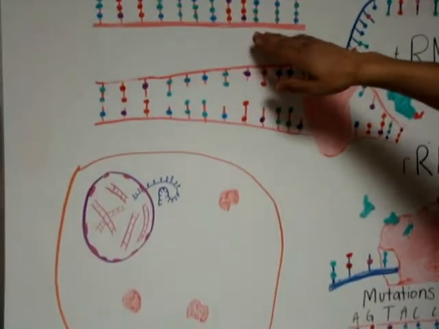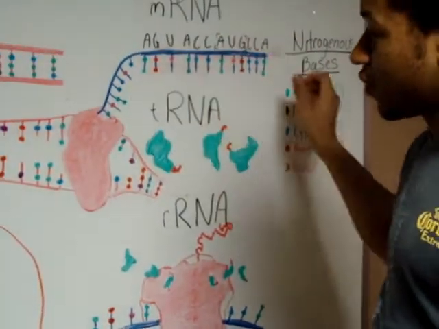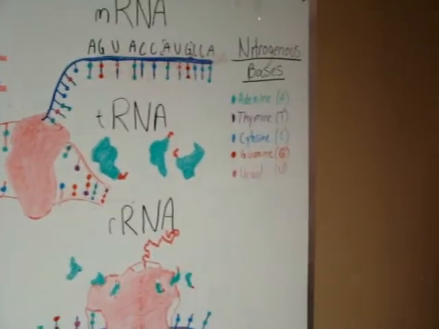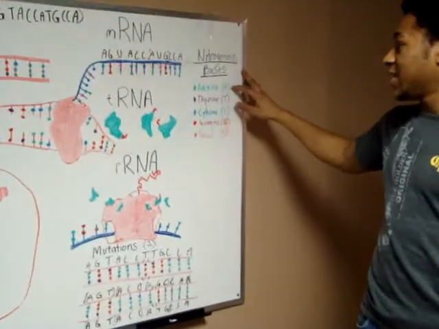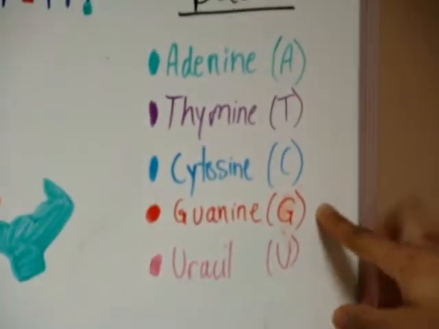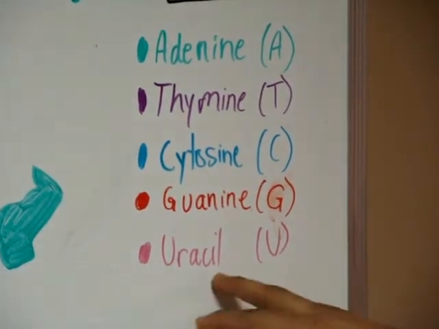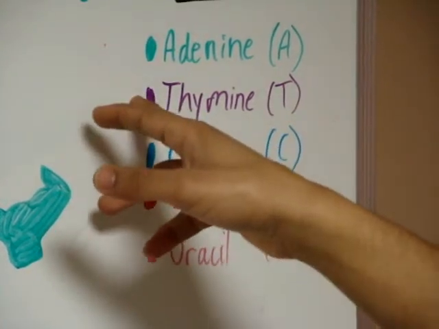The DNA is double-stranded, and the RNA would be the single-stranded. So your DNA is composed of 4 nitrogenous bases, and is the adenine, thymine, cytosine, and guanine. RNA is replaced with uracil, which is the replacement of thymine.